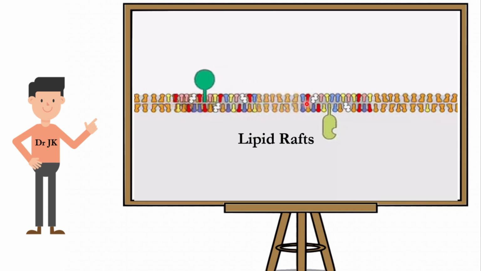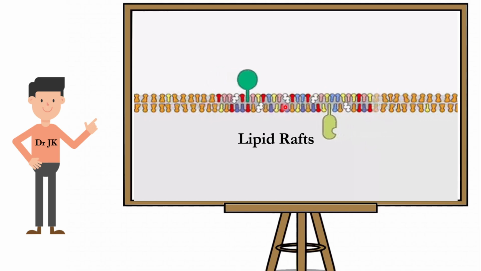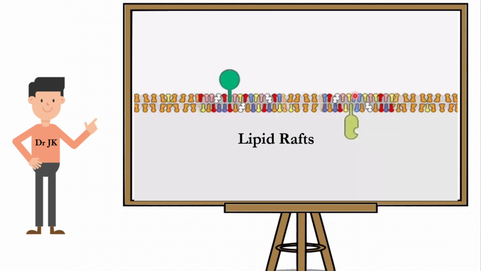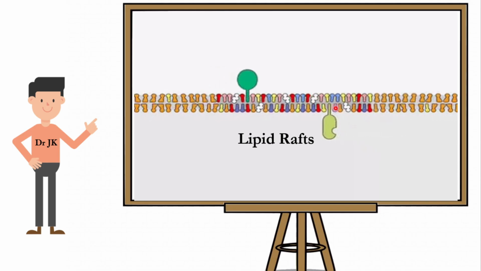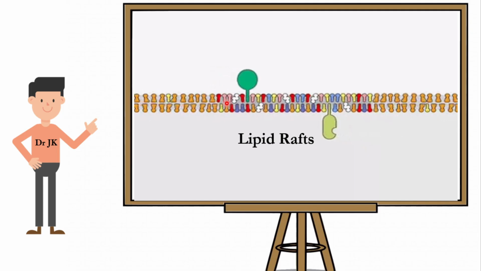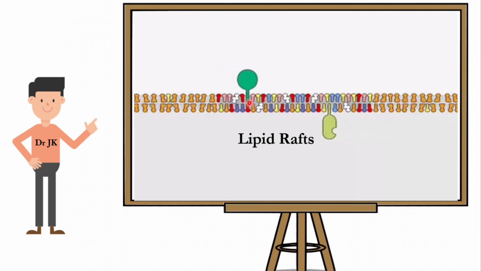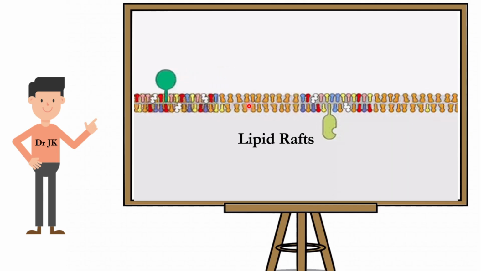They are places in which the fatty acids or phospholipids are very closely packed with each other, because the fatty acids are all saturated and they contain high amounts of cholesterol also. These yellow, white structures here are cholesterol. So this makes this particular portion of the cell membrane a little rigid when compared with the other layers.